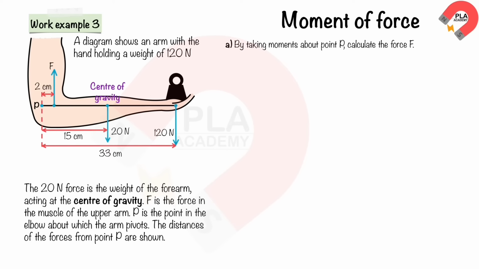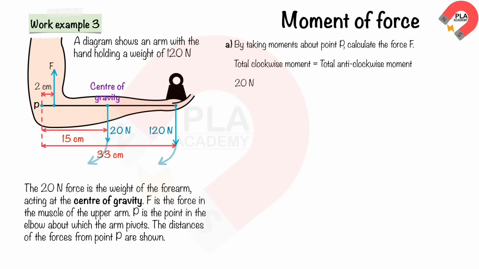The arm is in equilibrium, or balance, so total clockwise moment equals total anticlockwise moment. Total clockwise moment is caused by the 20 newtons force, 15 centimeters from P, and the 120 newtons force, 33 centimeters from P. So, total clockwise moment is 20 times 15 plus 120 times 33, which is equal to 4,260 newton centimeters.